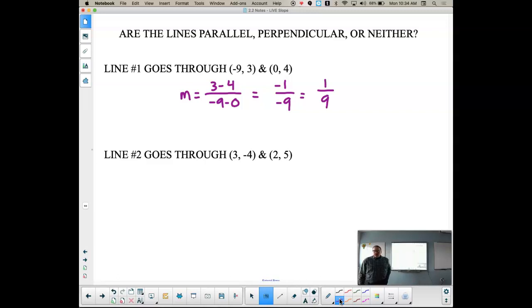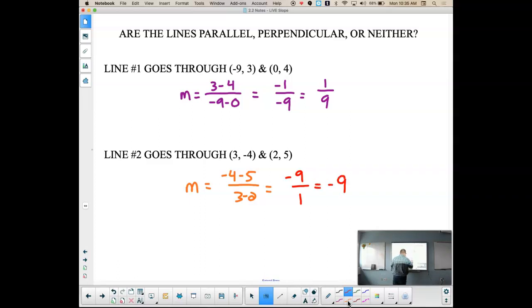I get a slope of 1/9 for the first one. I get a slope of -9 for the second one.